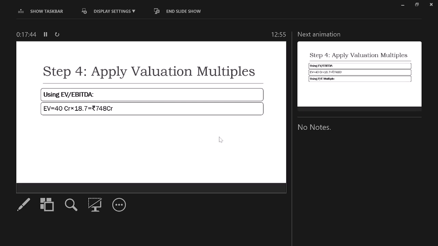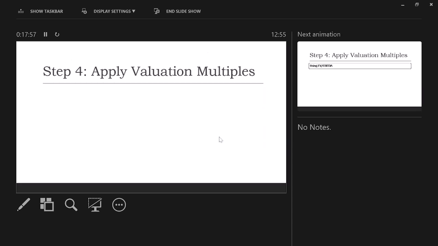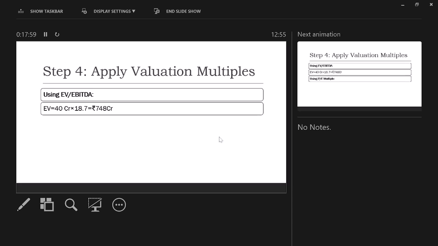We know that EV upon EBITDA is 18.7, and 40 crores is the EBITDA. So 40 crores multiplied by 18.7 gives us the enterprise value. Is that clear?